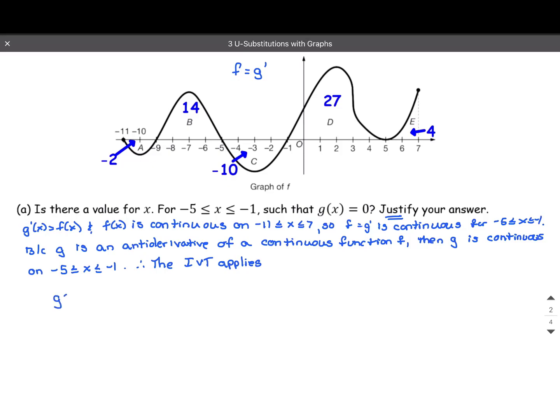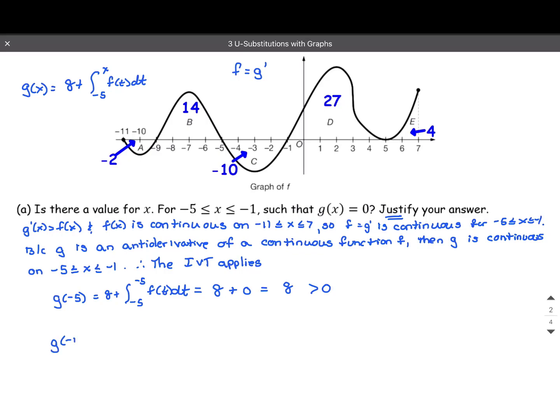If we find g of -5, now remember, g of x is 8 plus the integral from -5 to x of f of t dt. So g of -5 is 8 plus the integral from -5 to -5 of f of t dt, which is 8 plus, now the integral from -5 to -5, we didn't go anywhere, that's 0. So this gives us 8, which is a positive number, right?